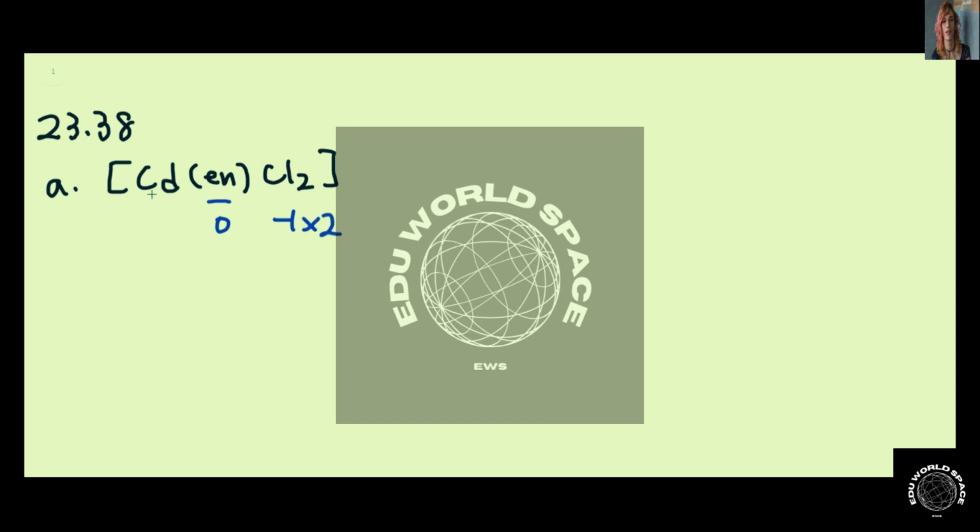So if cadmium has oxidation state X, then X plus 0 plus -1 times 2, and the complex will be neutral, so that equals 0. So we have X minus 2 equals 0, so X equals positive 2. That will be the oxidation state for cadmium.